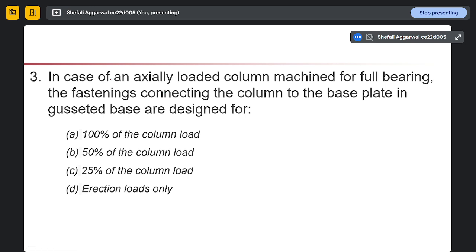The next question is, in case of an axially loaded column machined for full bearing, the fastening connecting the column to the base plate and gusseted base are designed for 100% of the column load, 50% of the column load, 25% of the column load, or erection load only.